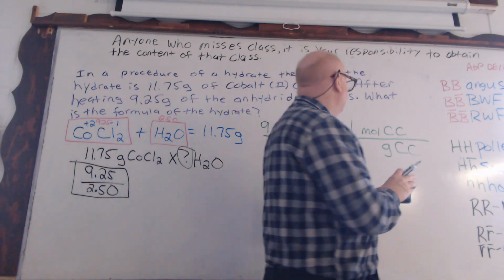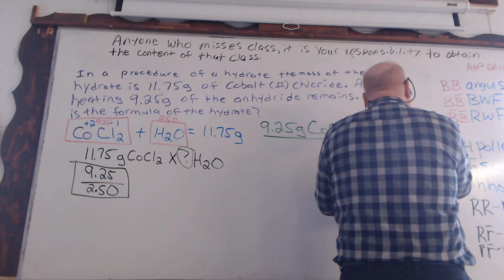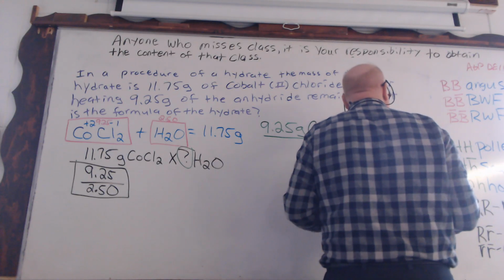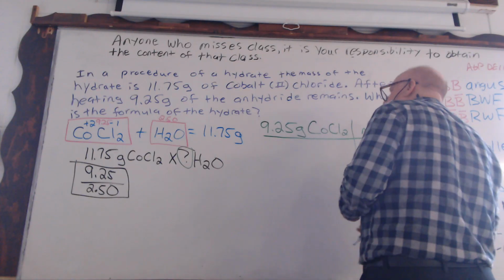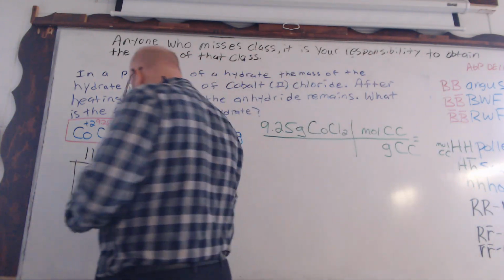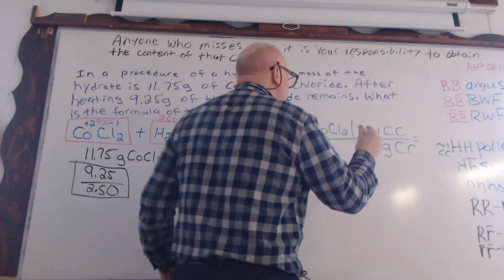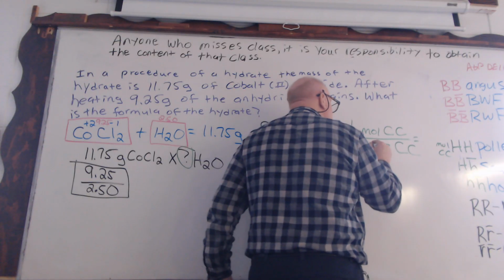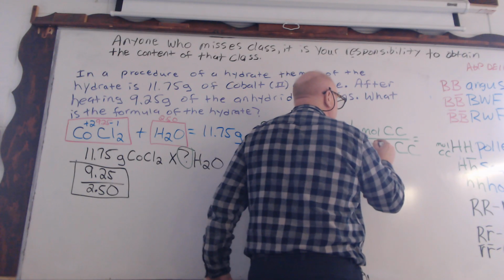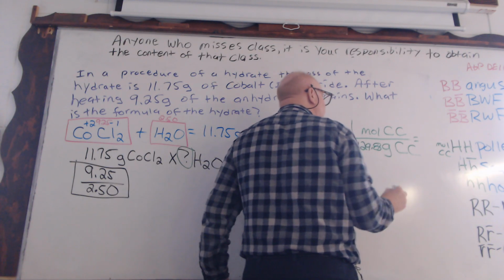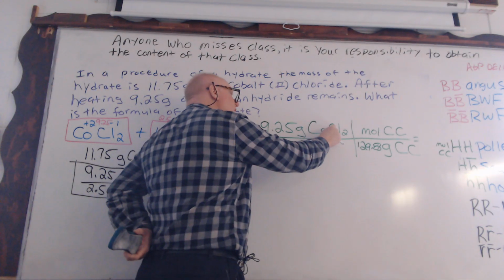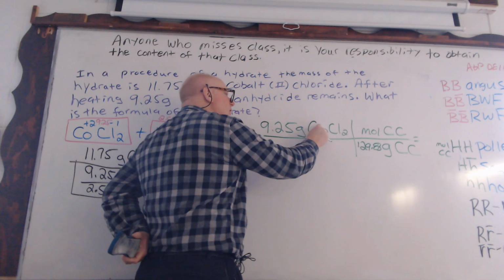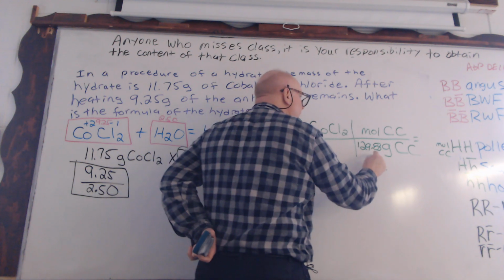So, we're running out of space here. Equals moles of cobalt chloride. 129 point. Okay, so again, that's 2 chlorides plus 1 cobalt gives you that number there.